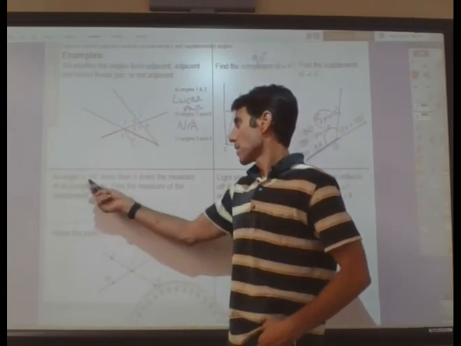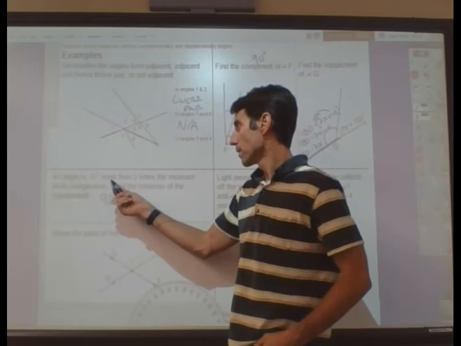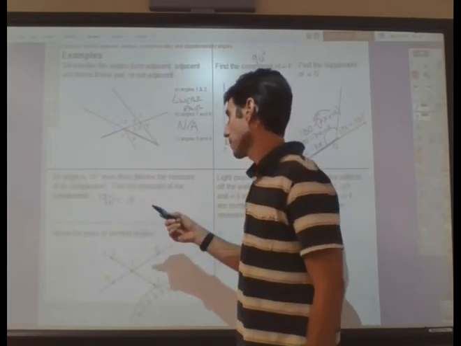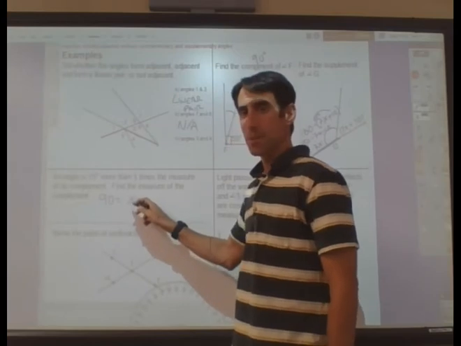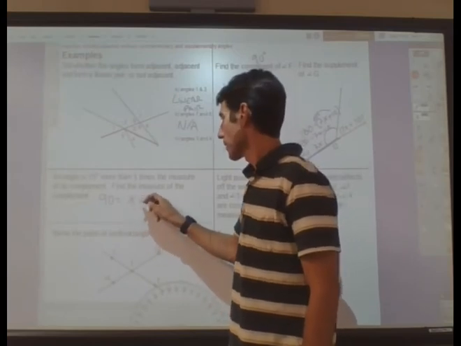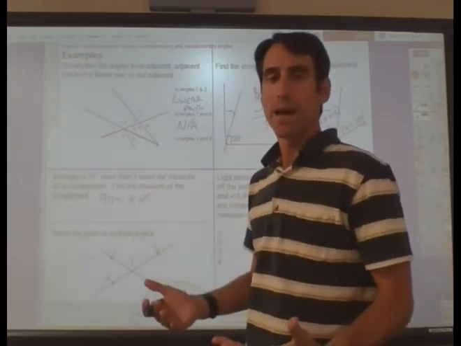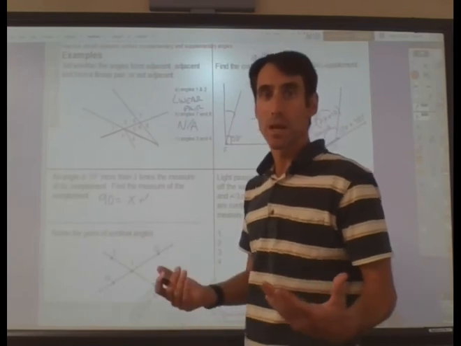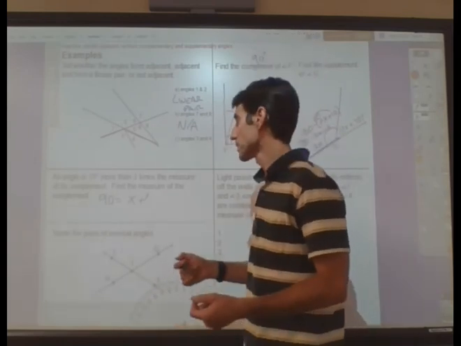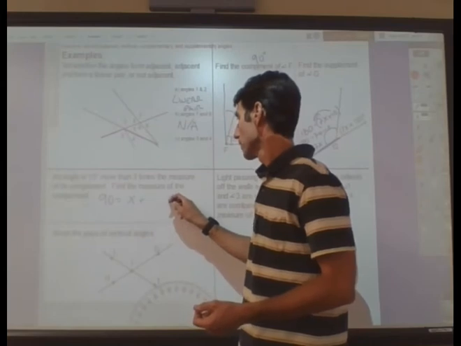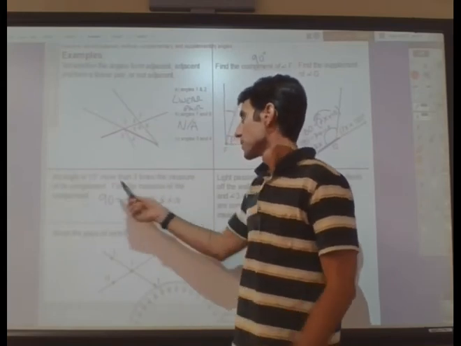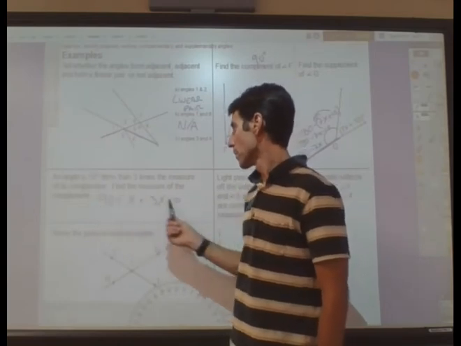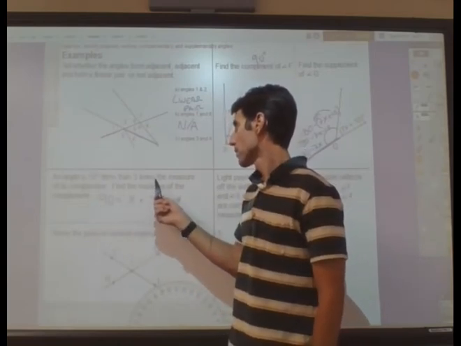Actually, let's say x is the complement. And we're going to add the complement and the original angle together, and that should equal 90 degrees. So 10 more, that's plus 10, 3 times. An angle is 10 more than 3 times.